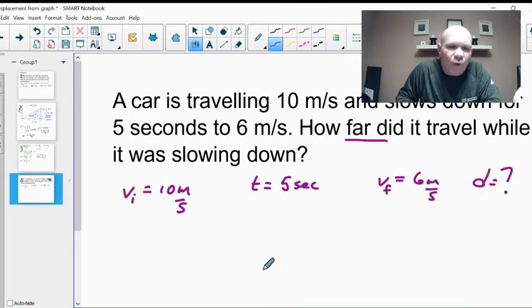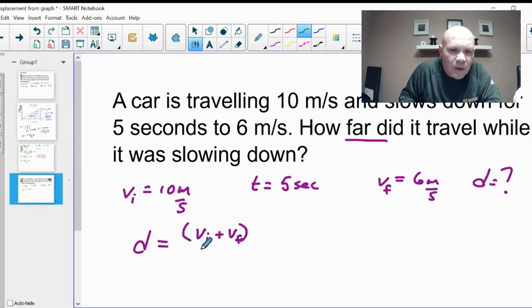So first of all, write down your variables. Once again, we know that we have this equation that we found, that the distance was equal to the average velocity. So we're going to say our initial velocity plus our final velocity, divide this by 2 and multiply it by time.